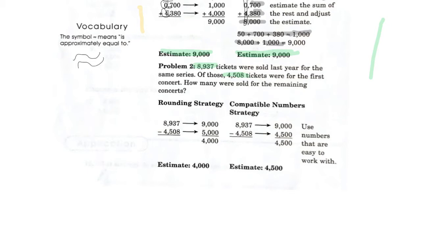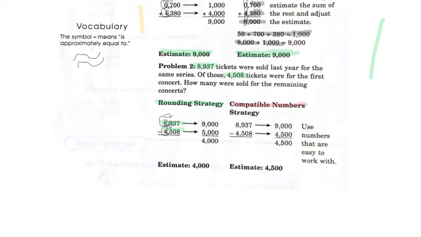So if I go and do my rounding strategy again, I have my 2 numbers. When I round them, I get 9,000 for my first one, and I get 5,000 for my second one, and I am now subtracting. So 9,000 minus 5,000 is 4,000.